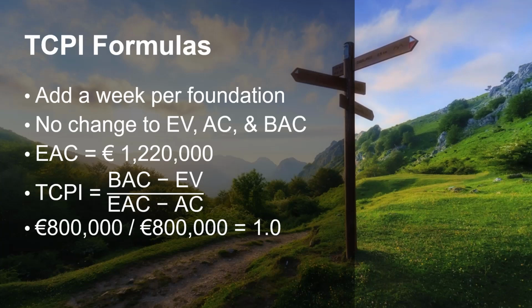It says that our CPI needs to remain 1.0 for the rest of the project if we make this change. Since we have been able to perform this way so far, except for the foundations, which we are correcting, we think that this is a very plausible plan. Now we just have to convince the stakeholders to accept the cost increase.